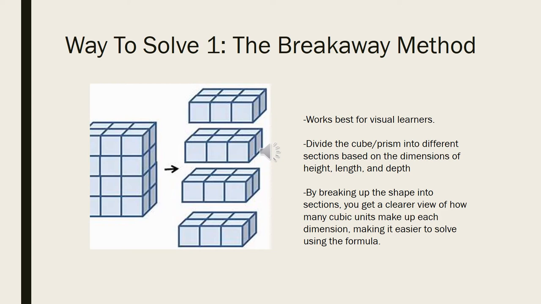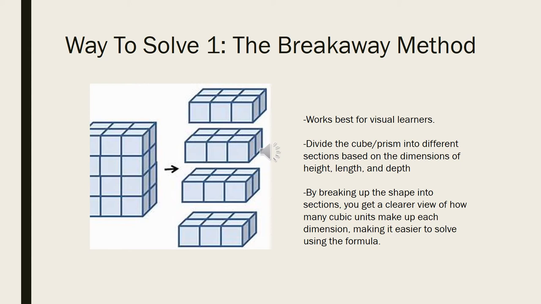So what I really like about this method is that it seems to work really well for those who learn visually because it allows you to see how the cube or prism is divided or how it's built. So with this method, we're actually going to break away different sections of the cube or prism in terms of their dimensions.